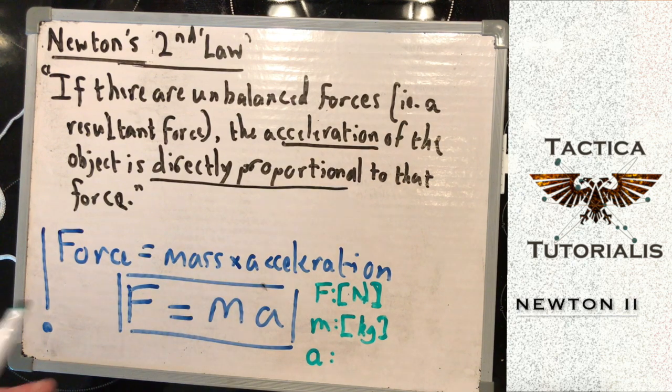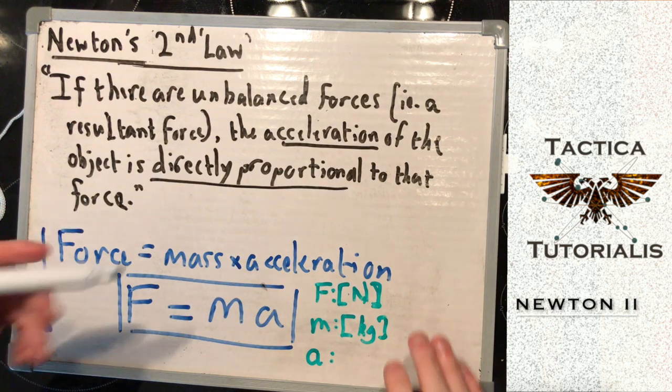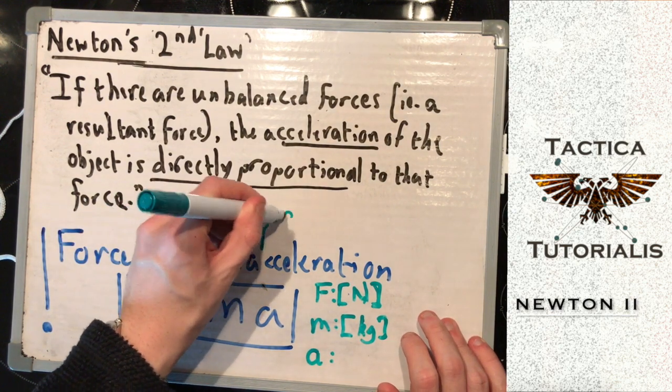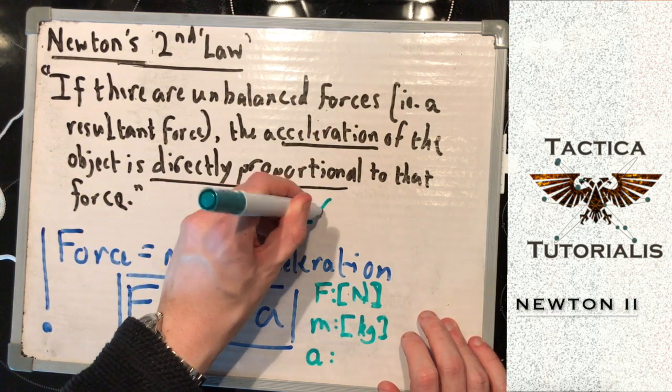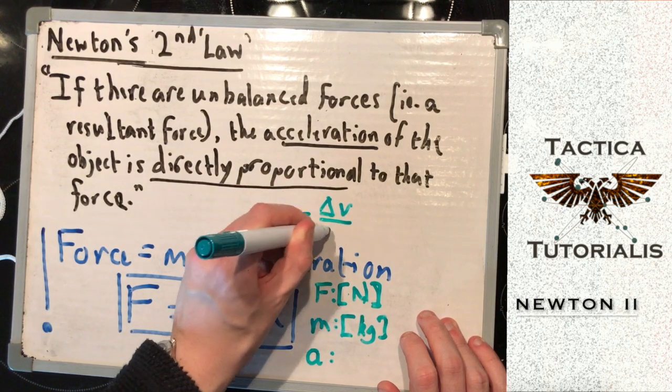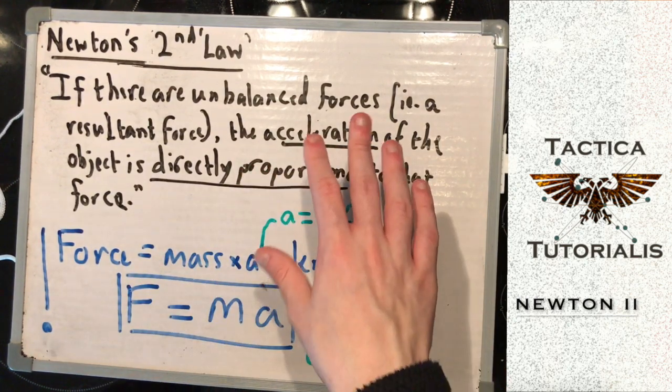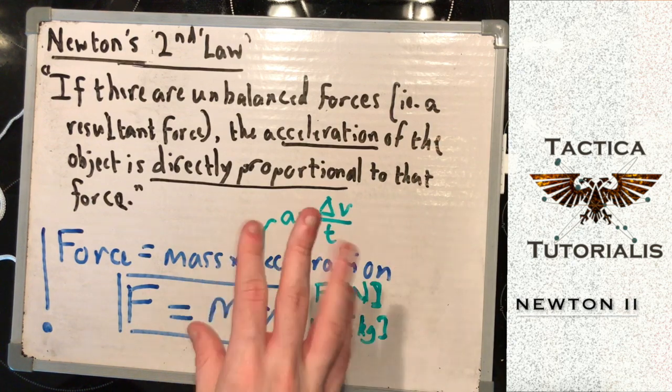But typically, when you're doing this topic, you also look at acceleration and velocity, and you meet that a is equal to the change in velocity over time. So change in velocity or change in speed, if you like, divided by time.